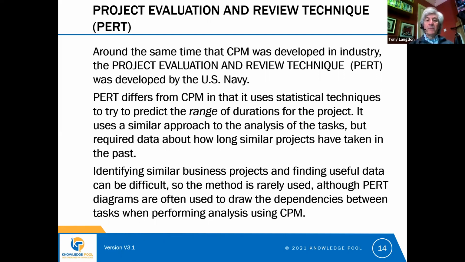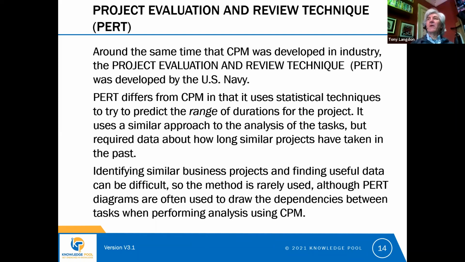Now, PERT differs from the critical path method in that it actually uses statistical techniques to try to predict the range of durations for a project. So the critical path method gives you one answer as to how long the project will take.